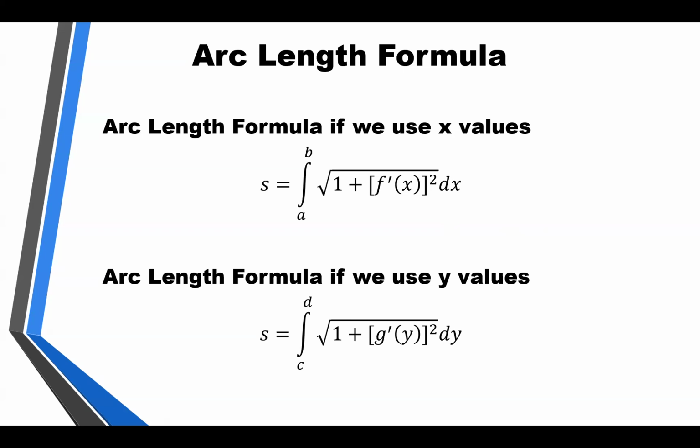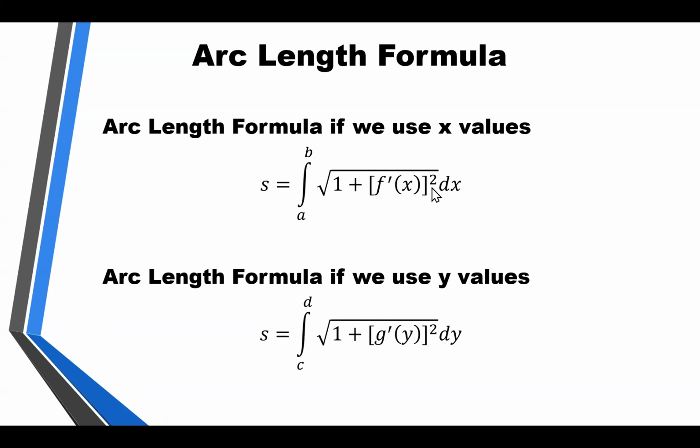And then we have the square root of 1 plus the derivative of g squared, integrated with respect to y. Be careful here. Again, this is the derivative, and then we're squaring the entire derivative and then adding 1 out front. So make sure we have the square.